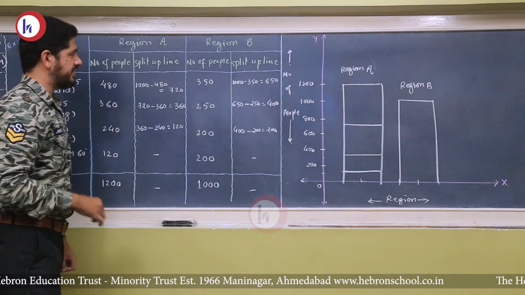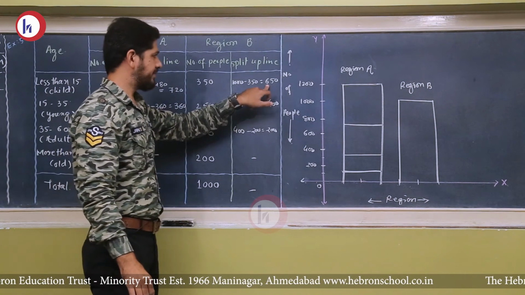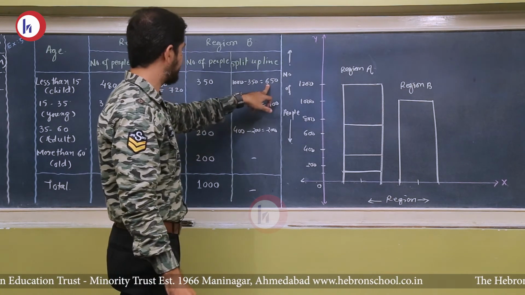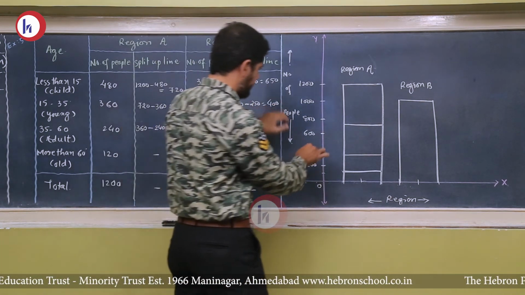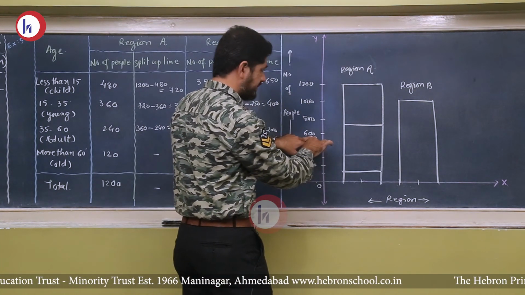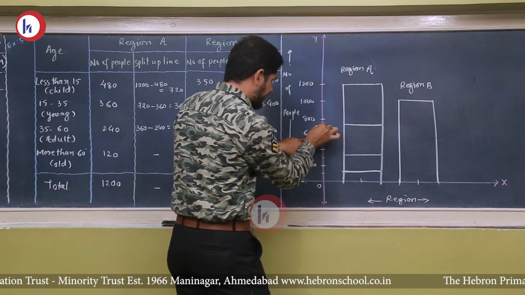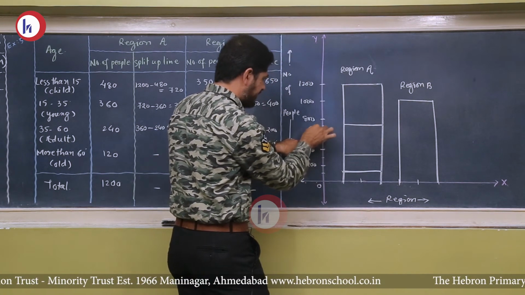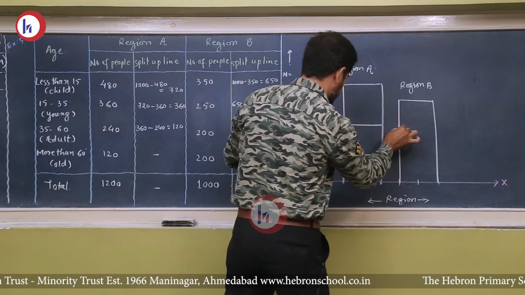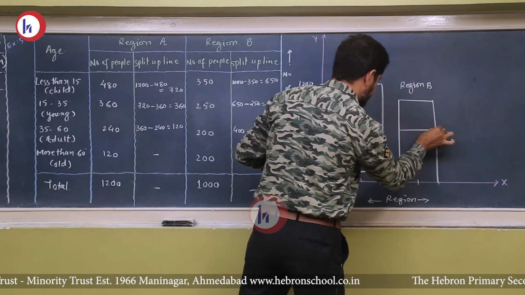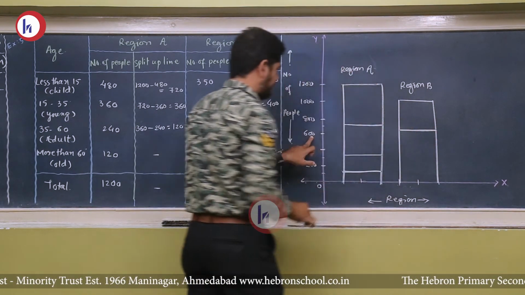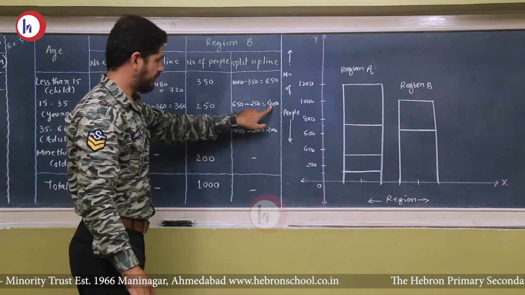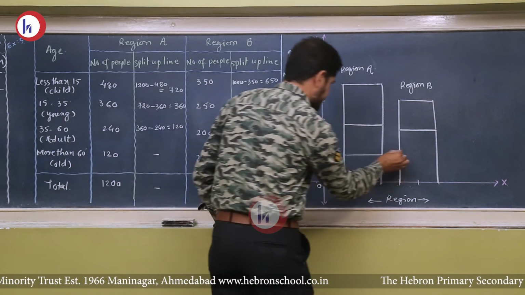Now region B. 650 is the first split up number. Exactly in the middle we get 700, and between 600 and 700 we get 650. Now next, 400 is given.